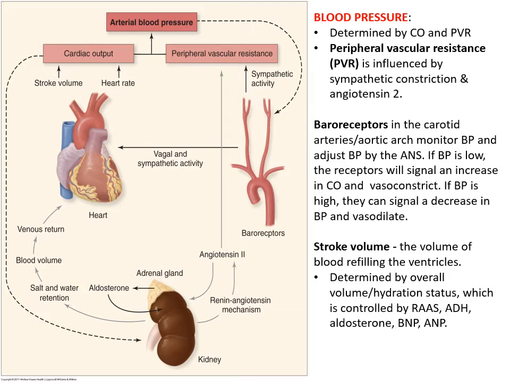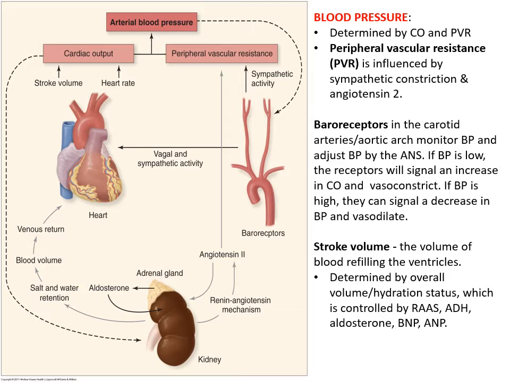So what does the system do to maintain its blood pressure? Well, it has baroreceptors, typically in the aorta and in the carotid arteries, that monitor the blood pressure, and then send signals to the autonomic nervous system.